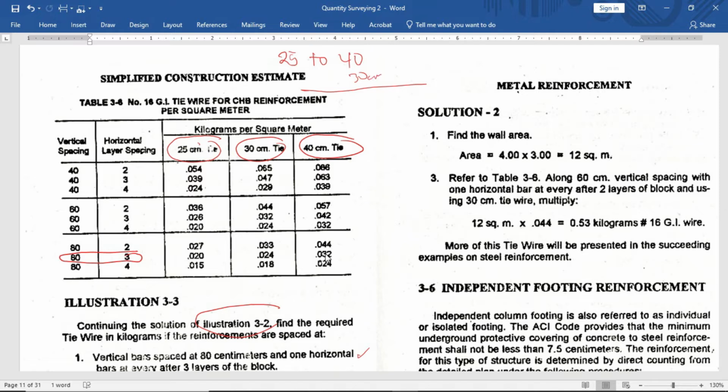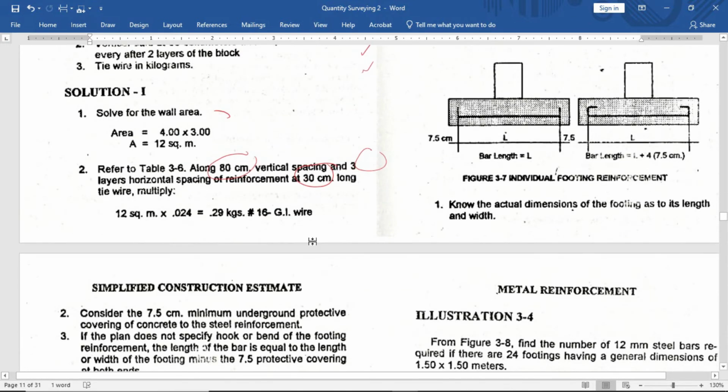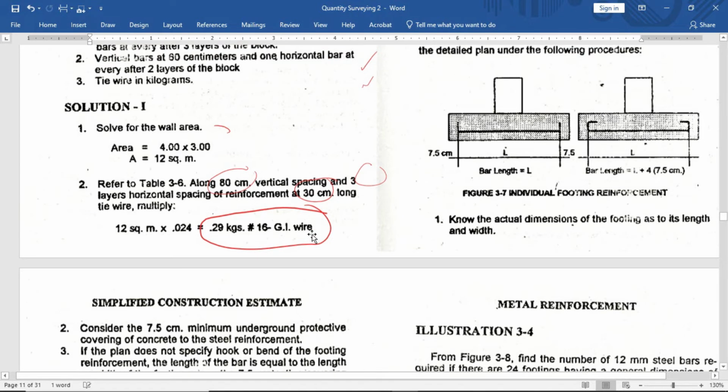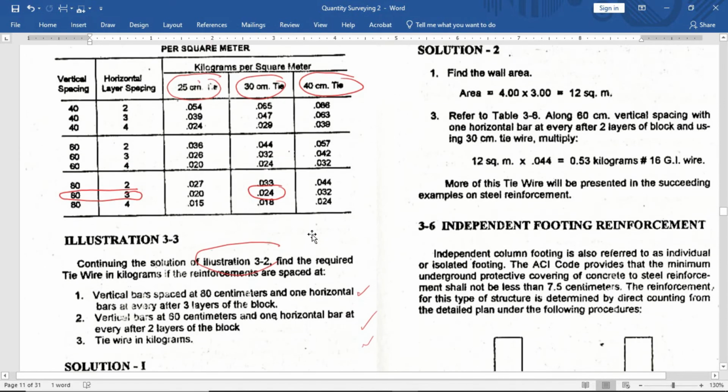So hanapin lang natin dito. So ito. 0.024 ang multiplier natin. So 12 square meters times 0.024 is equal to 0.29 kilogram number 16 GI wire. So wala pang kalahating kilo.